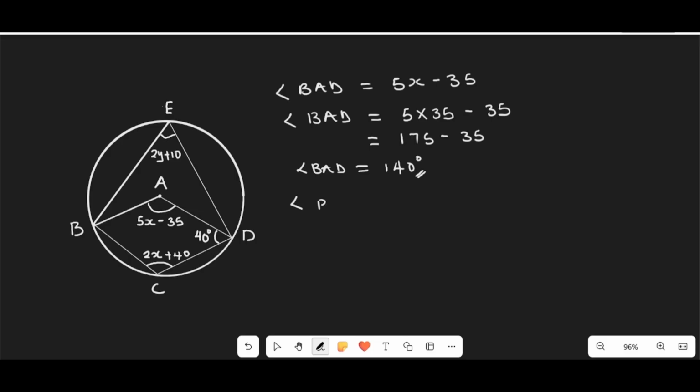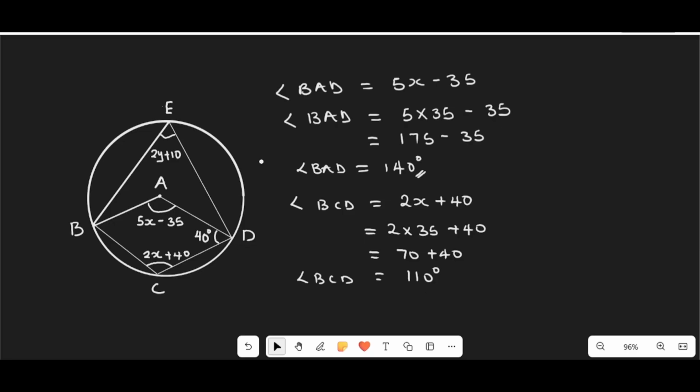Angle BCD equals 2x plus 40, and x is 35, equals 2 multiplied by 35 plus 40. 2 multiplied by 35 will give us 70, which is equal to 70 plus 40, and 70 plus 40 will give us 110 degrees. So our angle BCD equals 110 degrees.